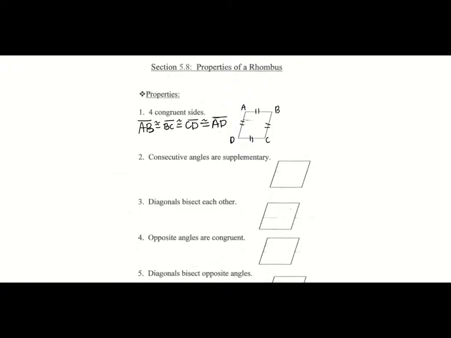We also know that just like a parallelogram, the consecutive angles are supplementary. So since our sides are all parallel, our angles A, B, let's try that again. This is D. Angle A plus B is 180.